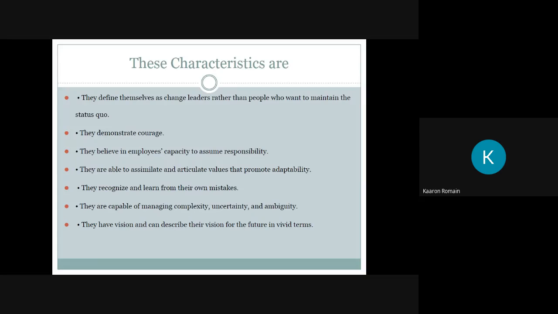They believe in employees' capacity to assume responsibilities. They are able to assimilate and articulate values that promote adaptability. They recognize and learn from their own mistakes. They are capable of managing complexity, uncertainty, and ambiguity. They have vision and they can describe their vision for the future in vivid terms.